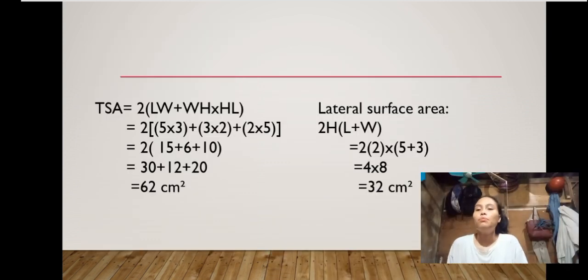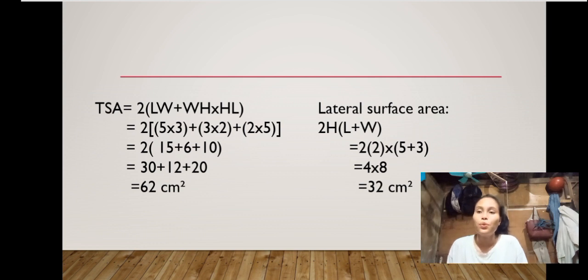Then here's the solution using the formula. Total surface area equals 2 times (length times width plus width times height plus height times length). We just need to substitute: 2 times (5 times 3 plus 3 times 2 plus 2 times 5).